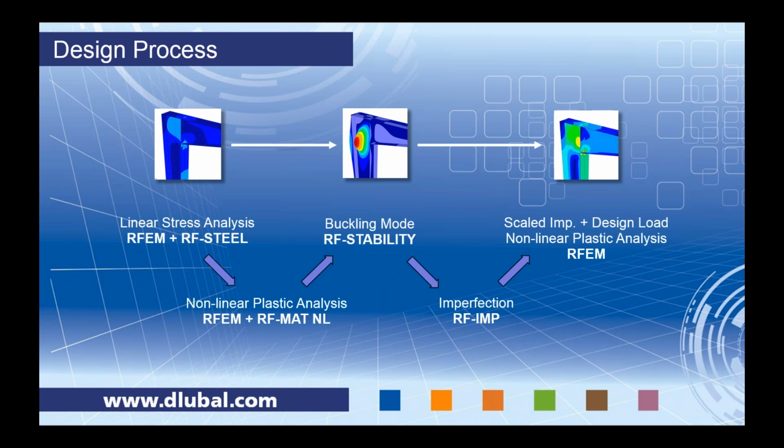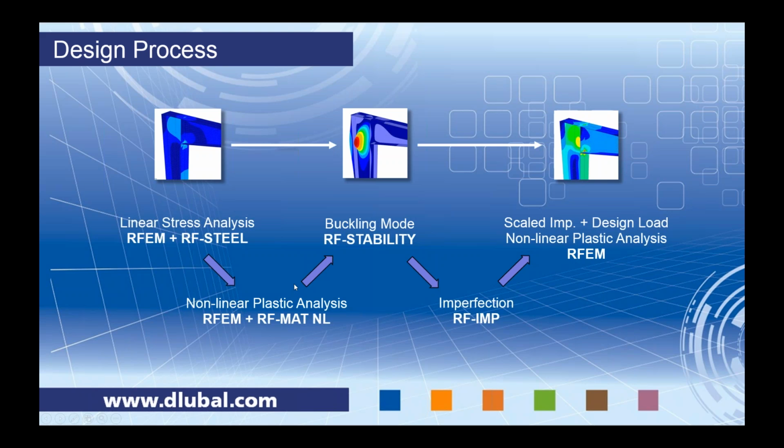So that was probably a little bit confusing, so I wanted to lay out our exact design process today. We will first start off in RFEM, and here we're just going to run a linear analysis with linear elastic materials. Then utilizing the add-on module RF Steel, we'll do a stress analysis to get our ratios of our design stresses over our limit stresses.